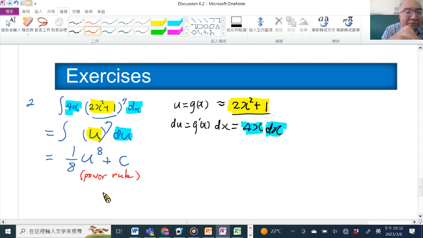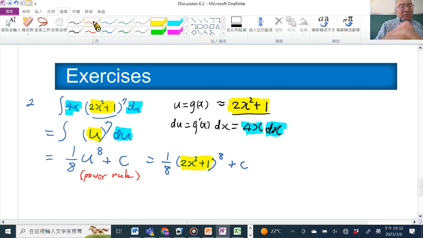Now the last step: 1 over 8 times u to the power of 8, and whatever the u is, you put that substitution back, which is still a function of the variable x. Now back to our beginning question.